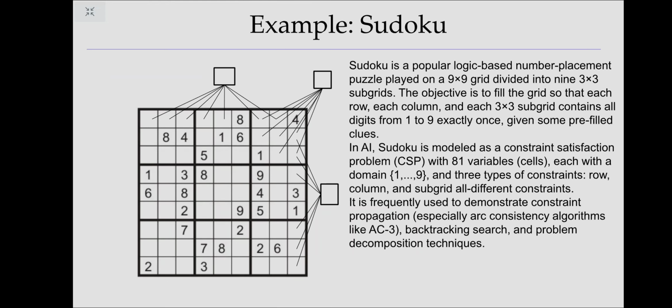Very good. And the last example. The last example is Sudoku. Sudoku is a famous game containing 9 by 9 cells. We can divide this 9 by 9 grid into 9 subgrids of 3 by 3.